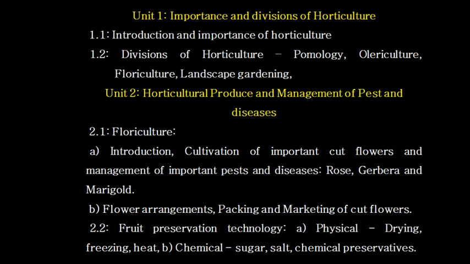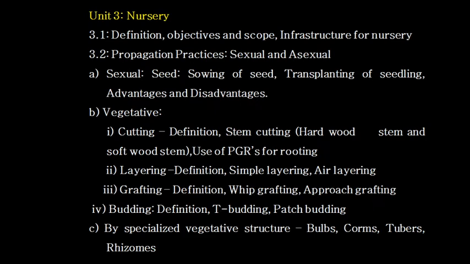So we are going to study what the pests and diseases are in important plants. There are three plants which we are going to study, that is rose, gerbera and marigold. We are going to study flower arrangement, packing and marketing of cut flowers, and, as I discussed, fruit preservation technology, that is physical and chemical. So this is unit 1 and 2.